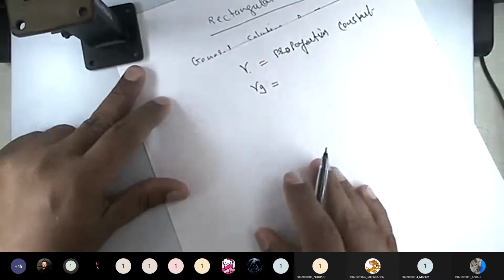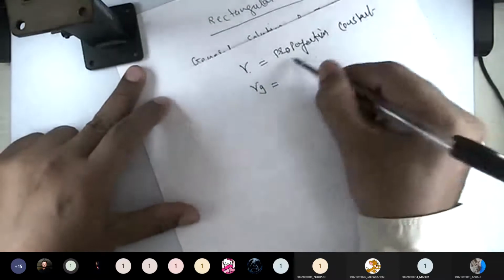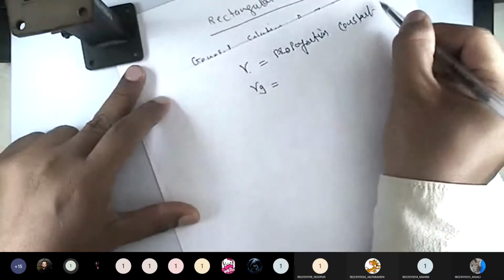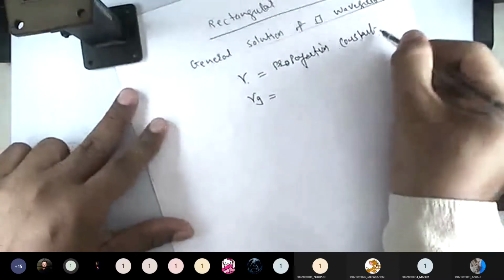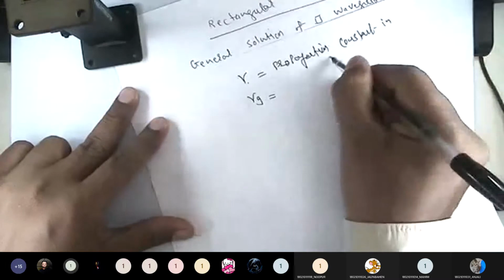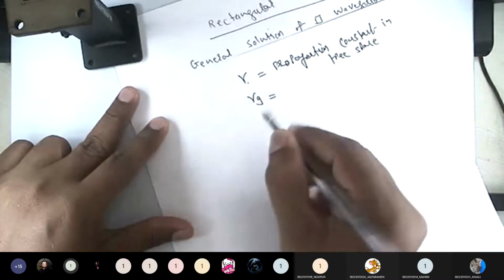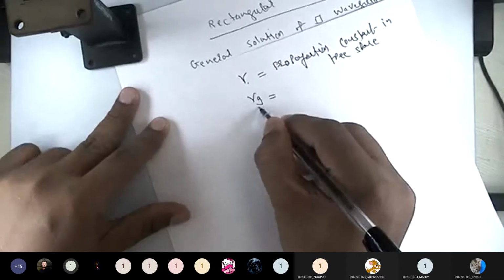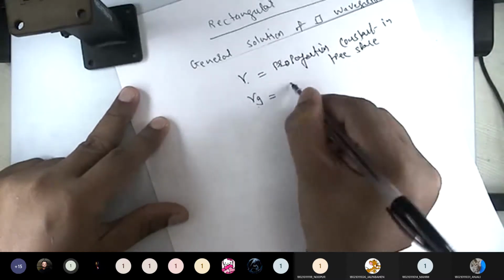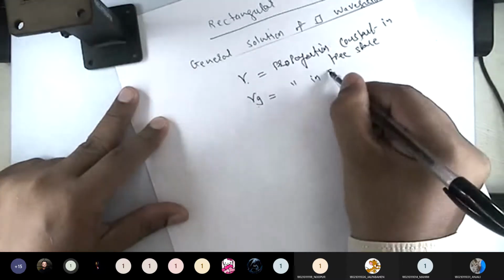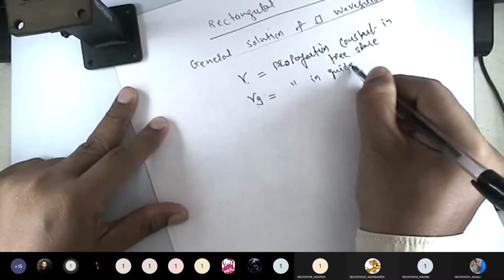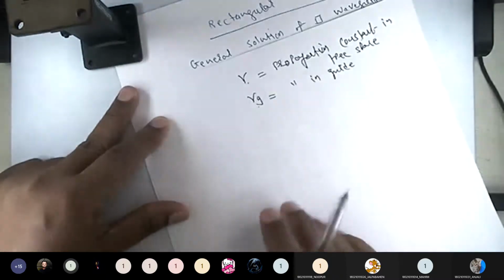So now it will be different from our propagation constant in free space. So I can express this propagation constant in free space, but now I have to introduce the new propagation constant in a guide. So it will be considered as gamma g.